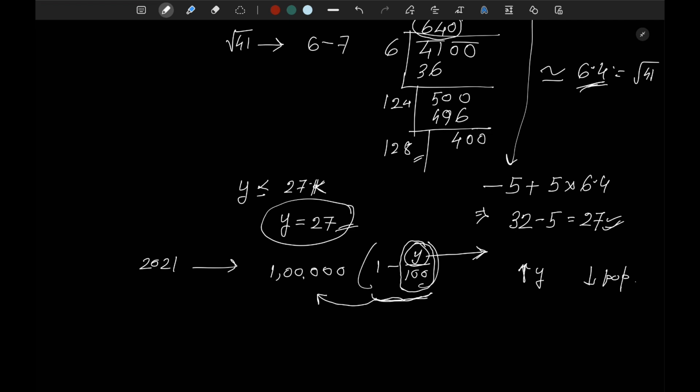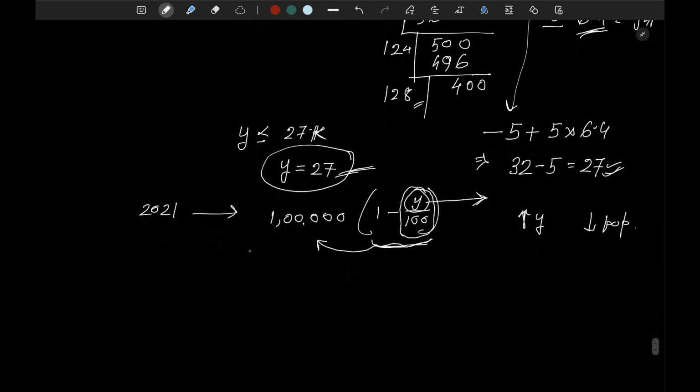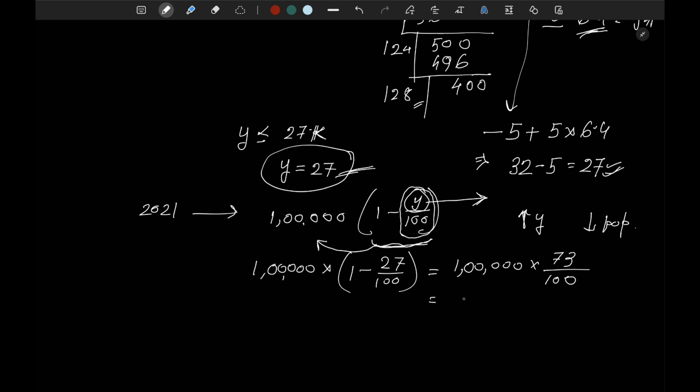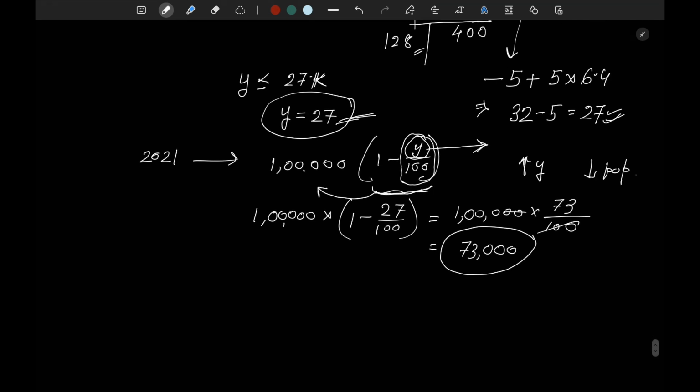So we are basically targeting the maximum possible value of y, and that is 27. We are right up till this point, and you have this into 1 minus 27 by 100. That will be this into 73 by 100, and this will give you 73,000. There you go. That was the minimum possible value of the population of that particular town in 2021.